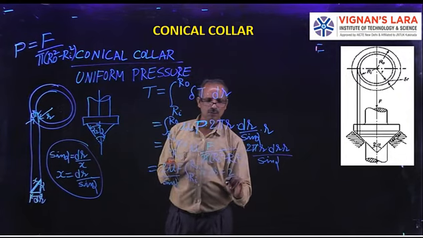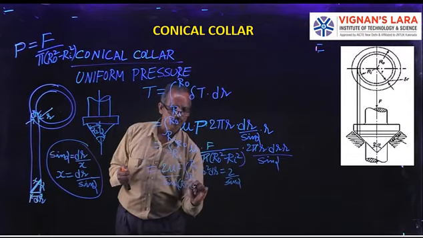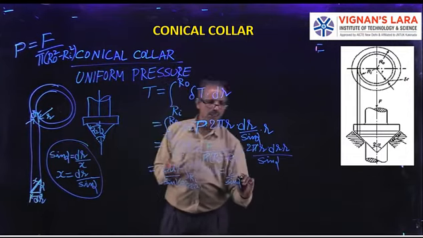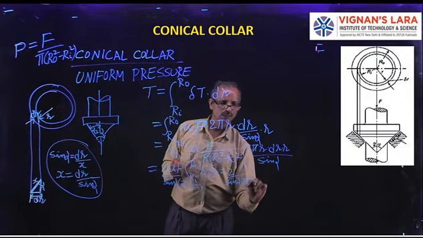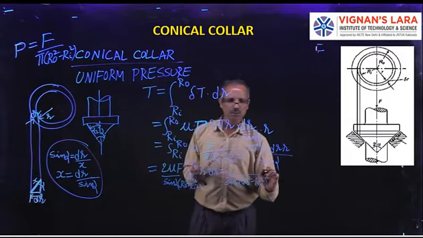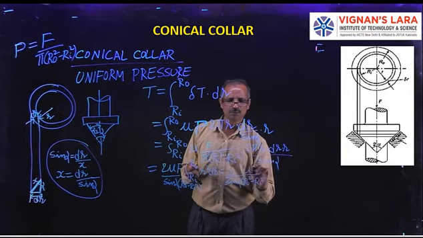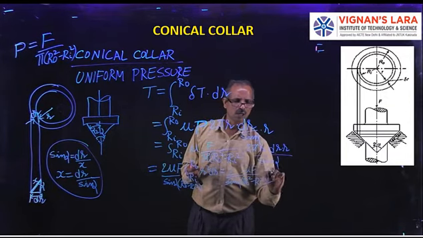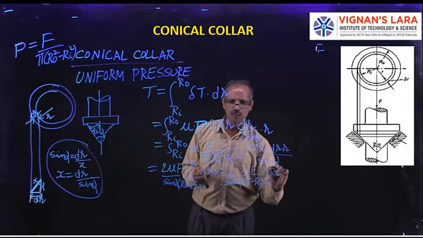By substituting the limits, we get 2 mu F by sine alpha into (R naught cube minus Ri cube) by 3, divided by (R naught square minus Ri square).